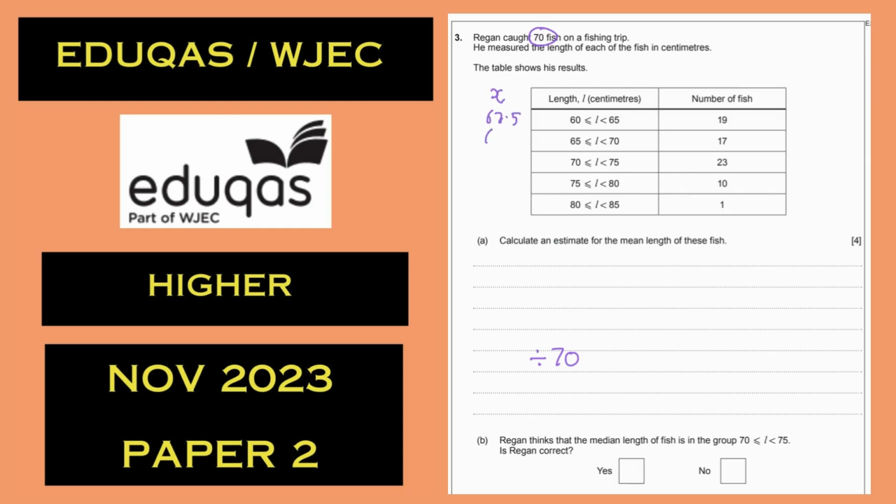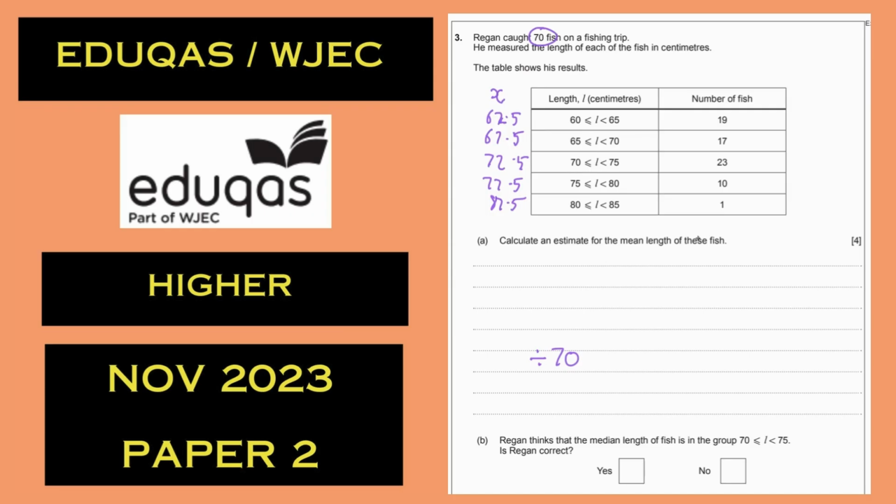62.5, 67.5, 72.5, 77.5, and 82.5. They're all widths of 5, so you just go up in 5s. Each of these midpoints is our guess.